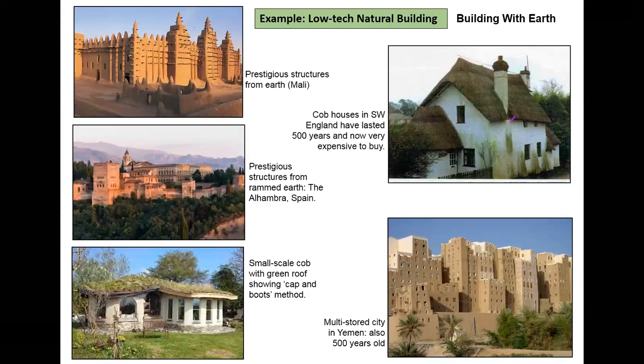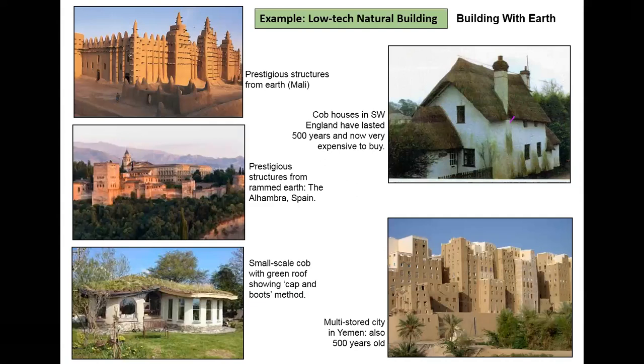And this demonstrates what's referred to as the cap and boot method, for temperate climates. So when you're building with mud in a temperate climate, you can use these overhanging roofs, which will keep the rain from running down the walls, and also a layer of stones as a foundation, because that's the boots bit. They keep the water from rising up and getting to the mud.